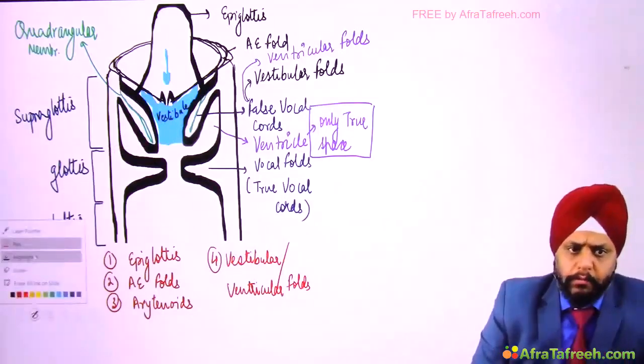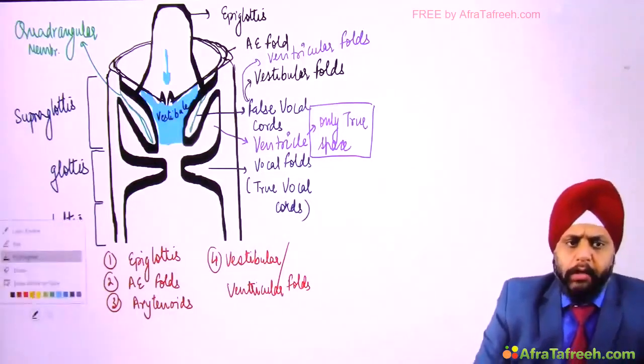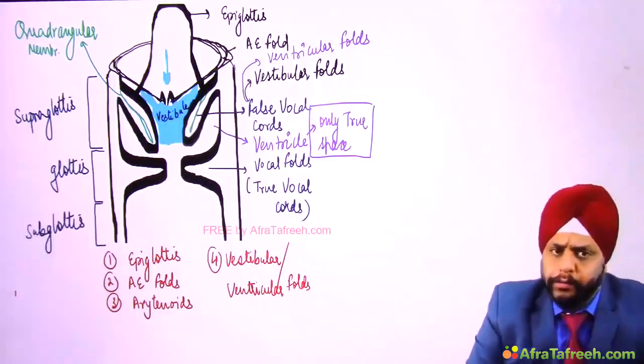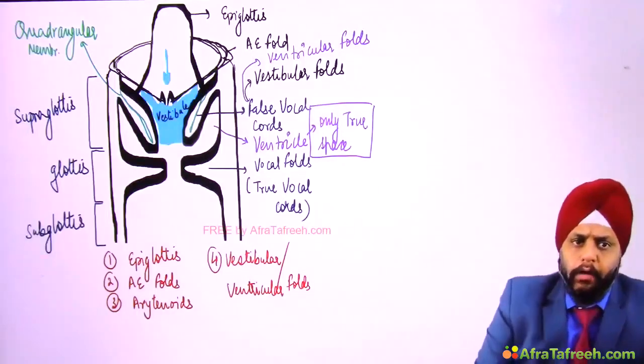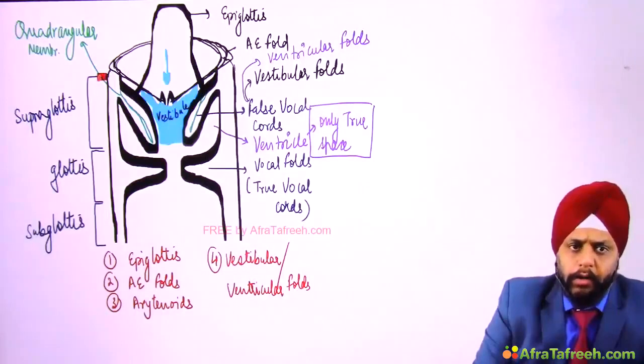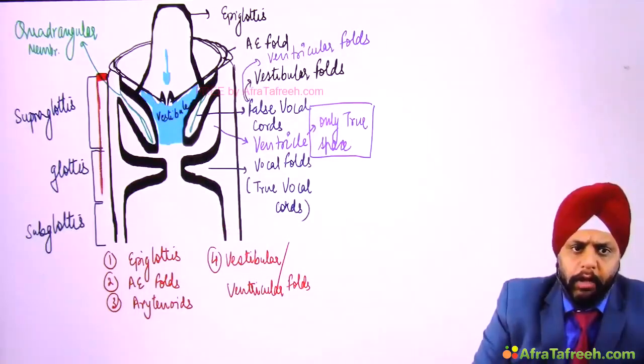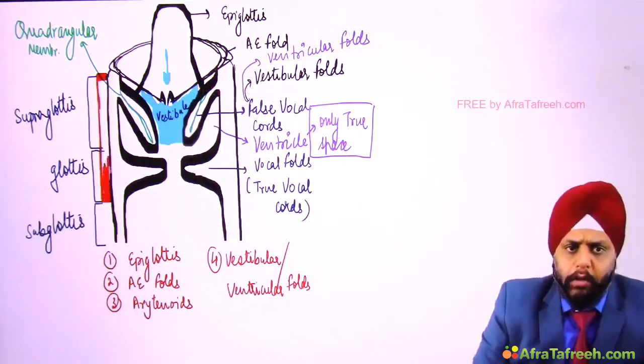Now, we know that the larynx is a cartilaginous structure. So what do we have? We have the thyroid cartilage covering the larynx on three sides. I'll draw the thyroid cartilage over here.